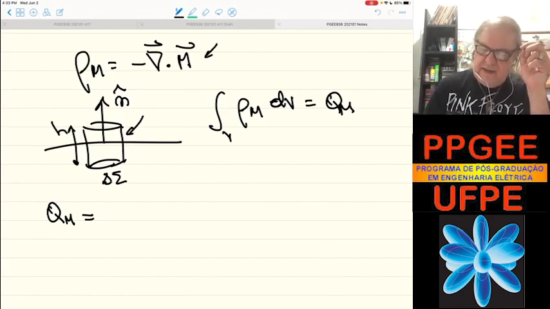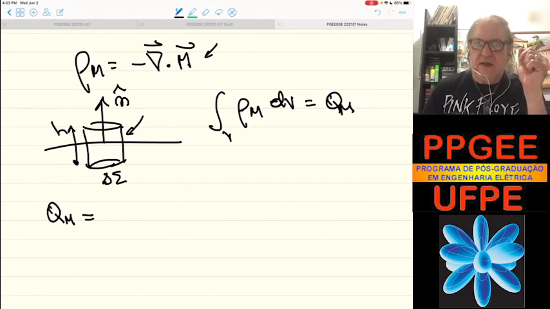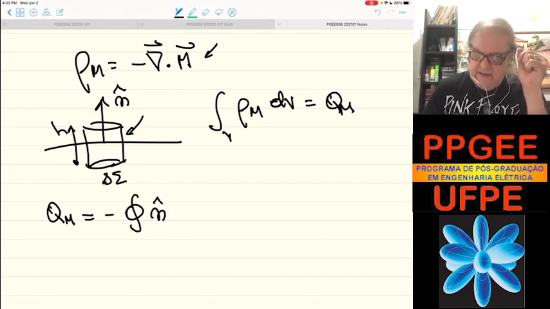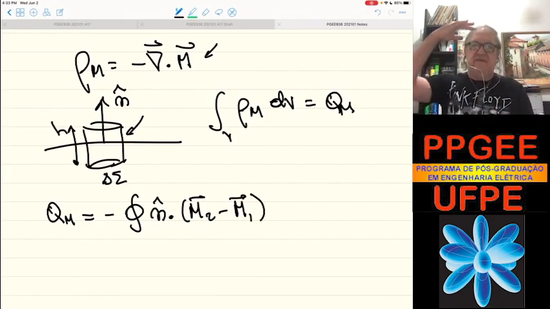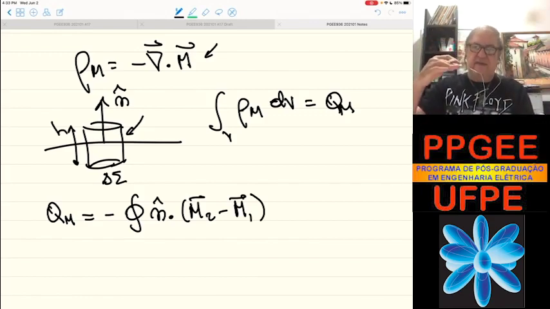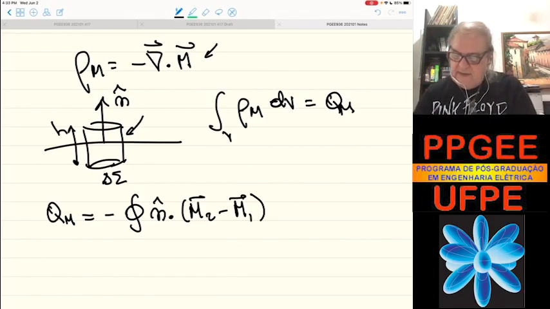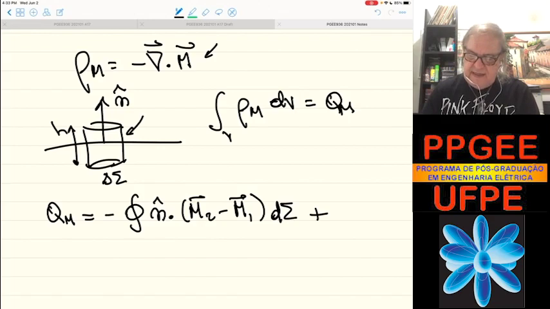If you integrate this and use Gauss's theorem, this is going to be minus the flux of M on side 2 minus M on side 1, because we have the surface on top and the surface on the bottom, times delta sigma, plus a contribution that is proportional to the height.